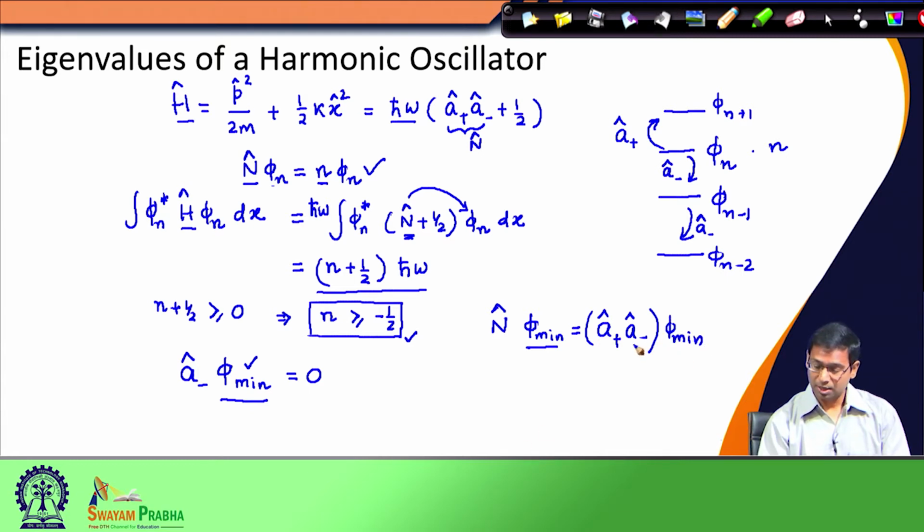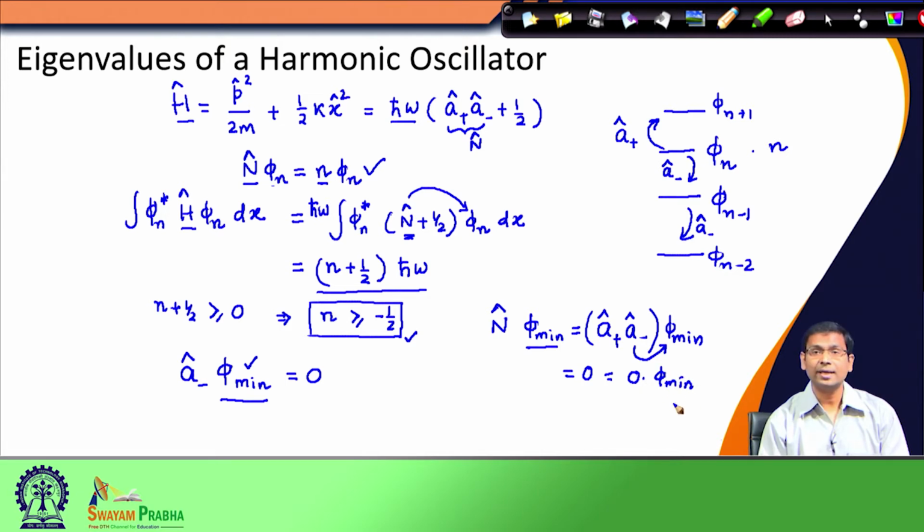Now, when my A minus operator acts on phi minimum, what do I get? Since phi minimum is the lowest eigenfunction, the step down operator should give me 0, because there exists no other eigenfunction below phi minimum. So, the outcome is 0, which I can rewrite as 0 multiplied by phi minimum.